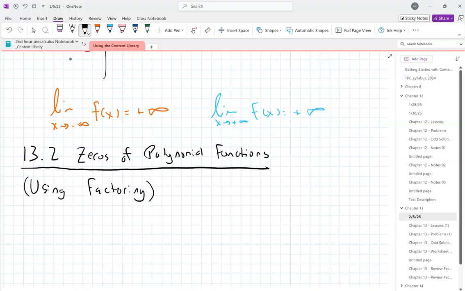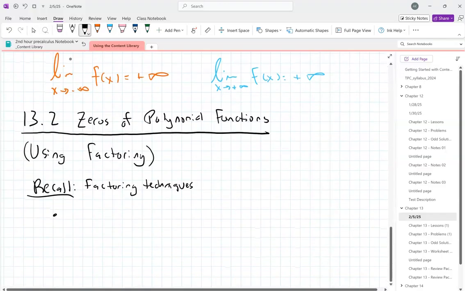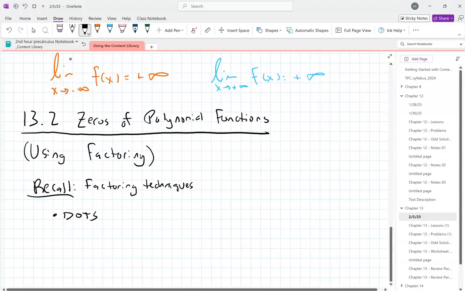So this next section is going to be about finding the zeros of polynomial functions algebraically, i.e. we're going to be using factoring. So I'm just going to recall for you guys some important factoring techniques that you would have studied last year in your Algebra 2 class. So there's the difference of two squares.